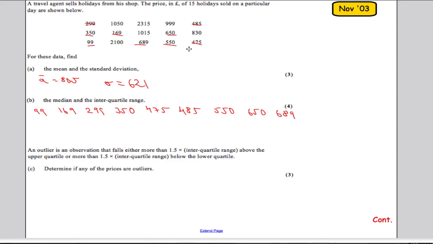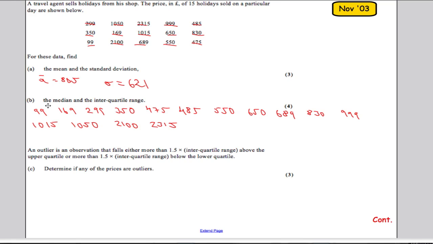Marking them off. 700s, there's none. 800s, 830. Then we get 999, 1015, 1050, 2100, and then finally 2315.